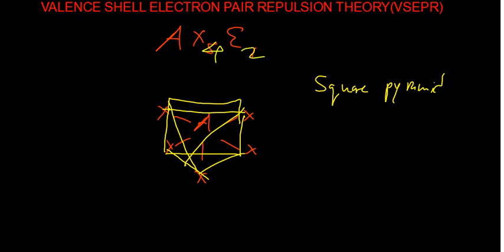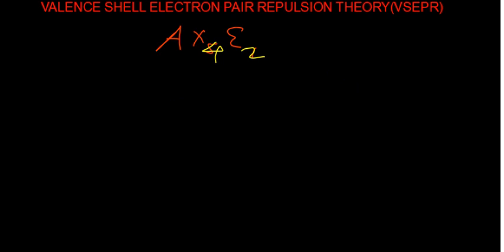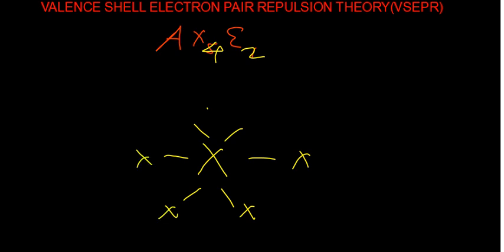Then what will be the geometry? The domain geometry is still octahedral. But what is the molecular geometry? So what we are going to have is something in the form, we have X, okay, like that. This is our X, this is our X, X there and X here. But these two have been substituted by lone pairs of electrons. So what is this thing now?